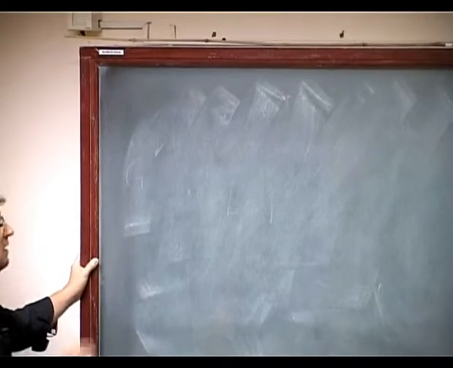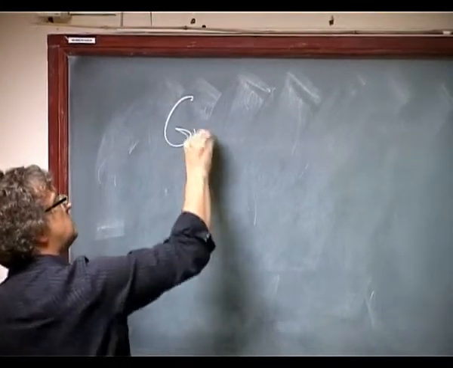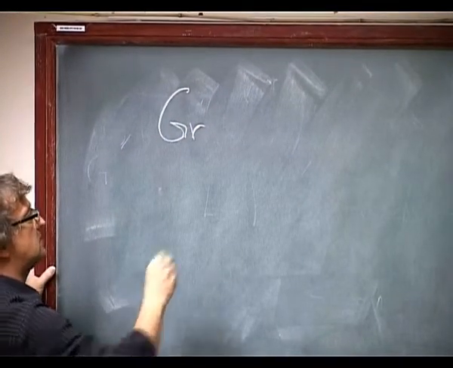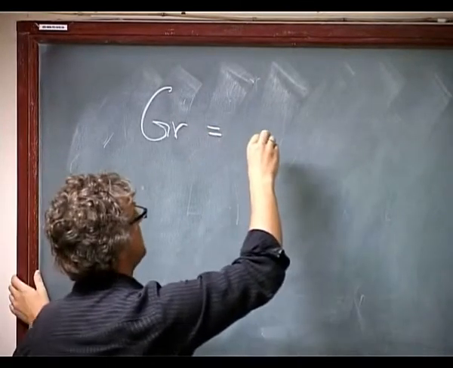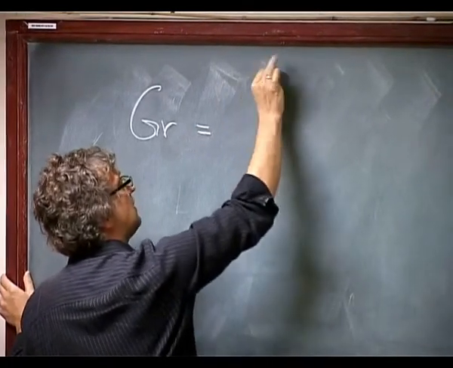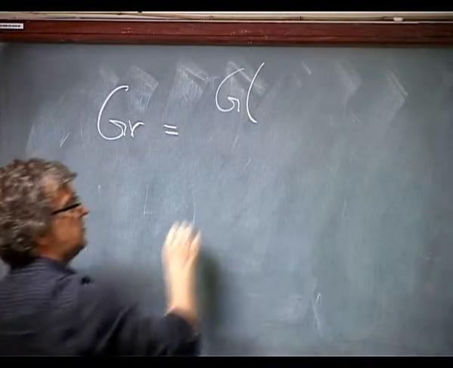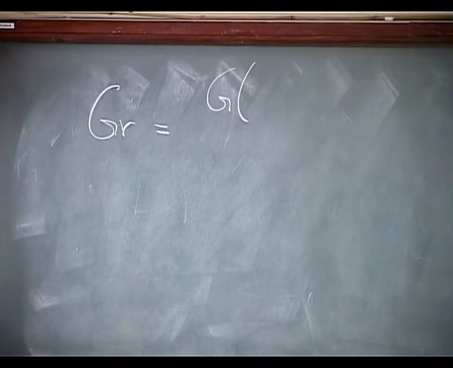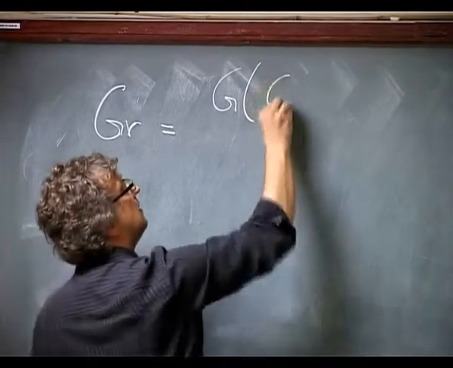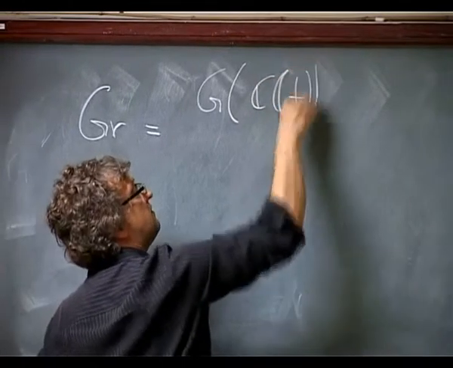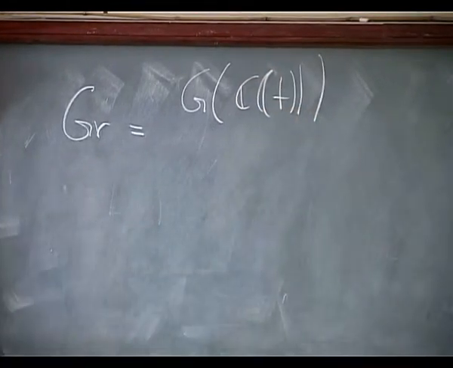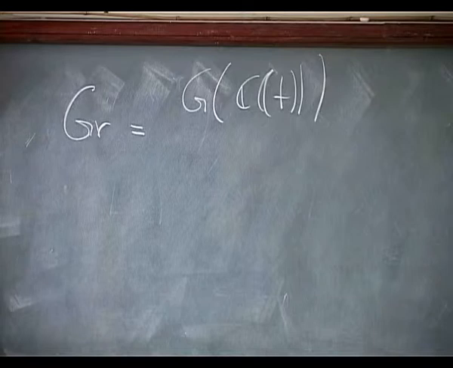This is a completely new setup now. We define Gr, the affine Grassmannian associated to G. So this is the following. You take your group scheme G, and you plug in the quotient field of the ring of polynomials in one variable, and you divide.